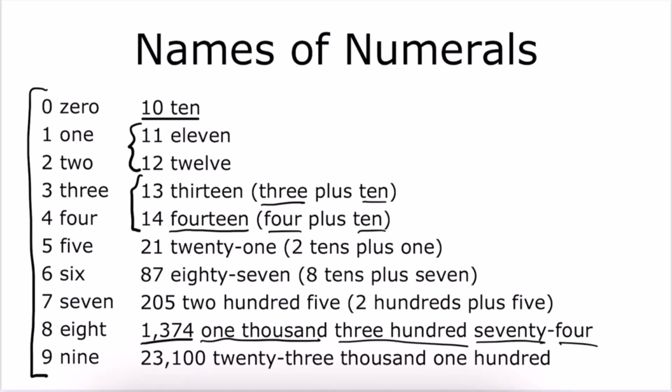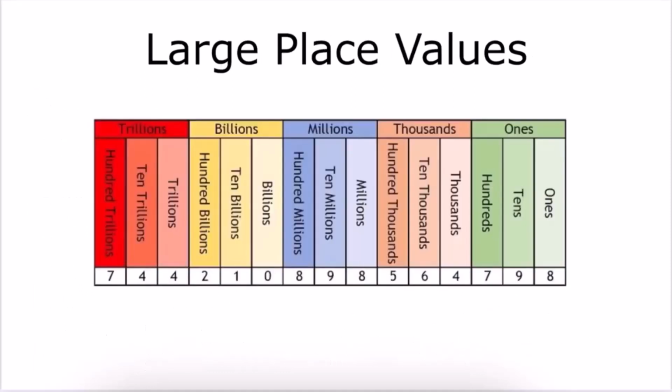Or if you get a really big number like this one, you would have 23,100. And when you get to really, really big numbers, the place values are grouped into groups of 3. So if you had a huge number like this one, you basically have your 3 base place values, like your 1s, 10s, and 100s.